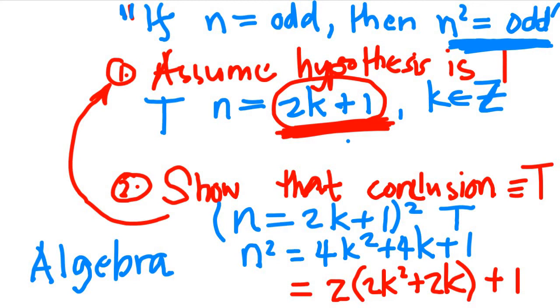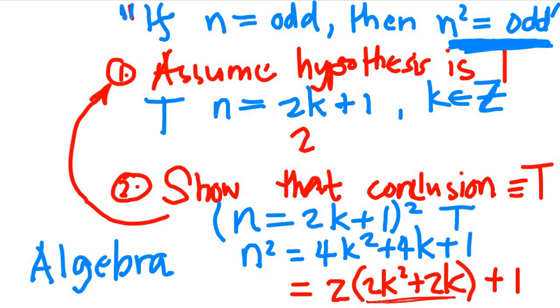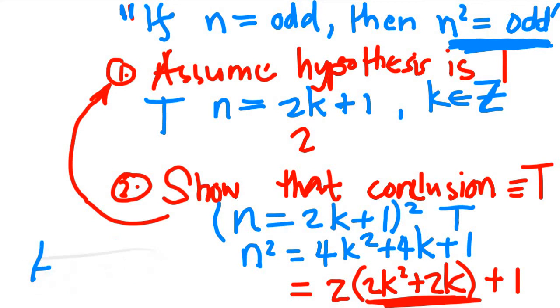So what we did here is merely to factor out the 2 so that it will look like the odd number definition. So if we examine this, it looks like twice of this plus 1.